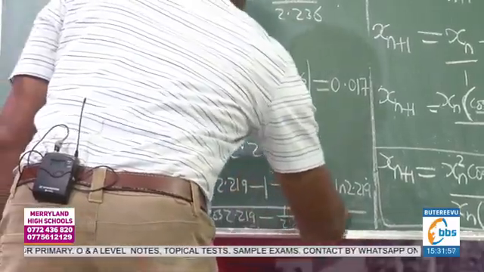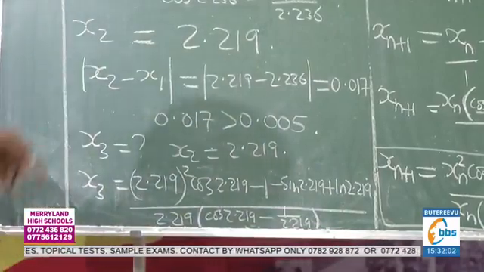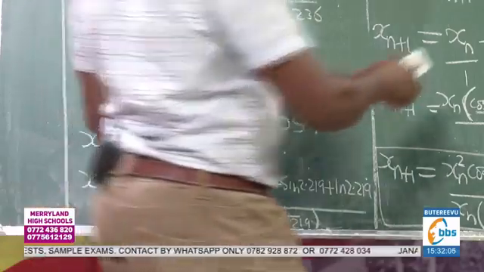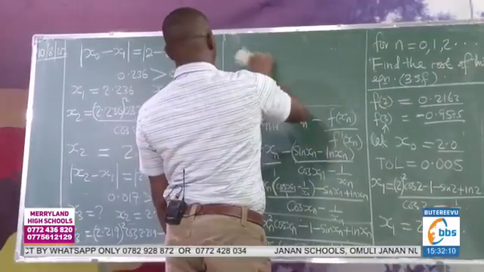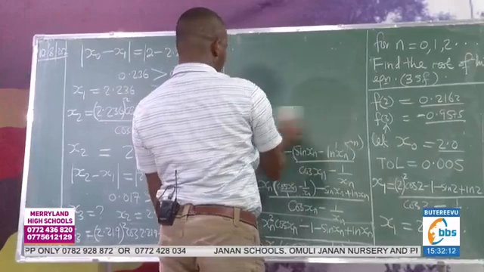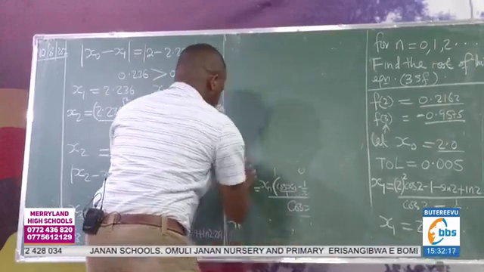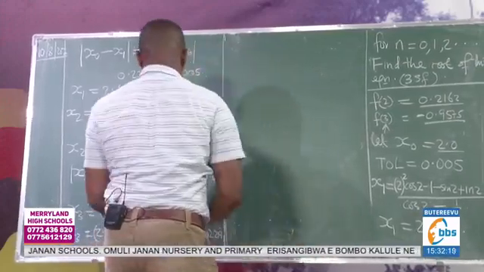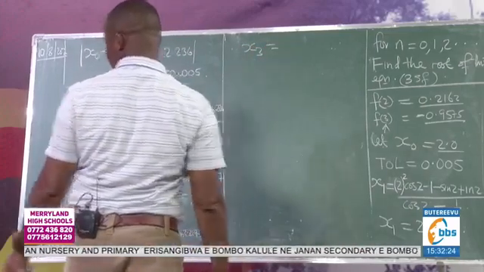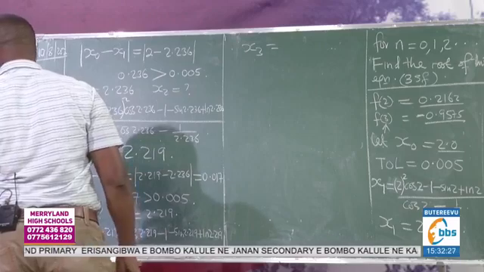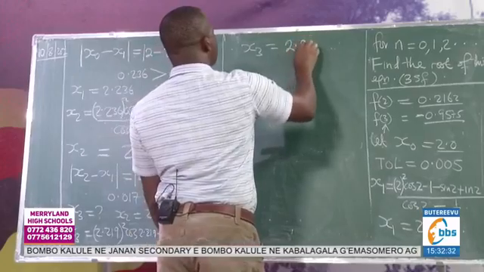This is in a bracket. If you compute that, the value of x3 that you get will actually still be 2.219.